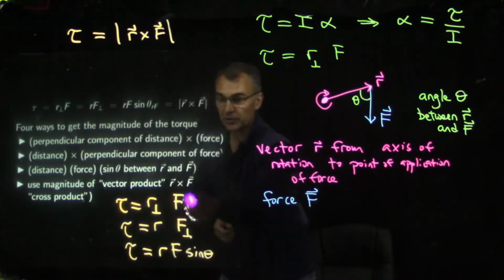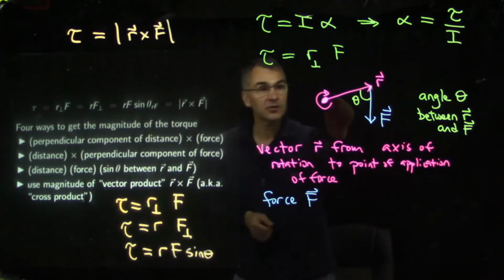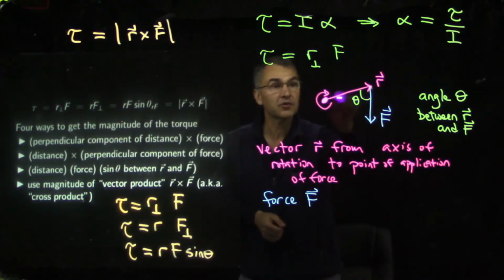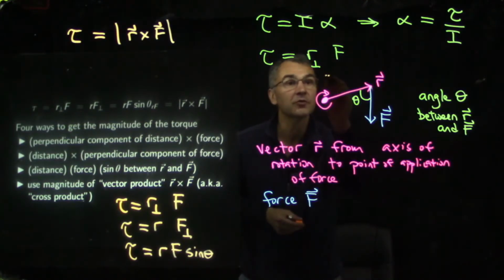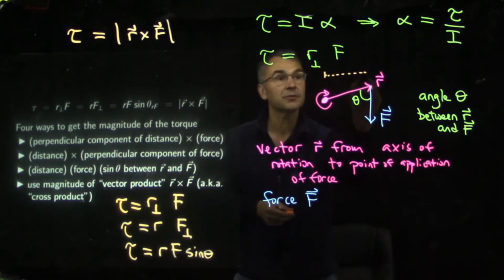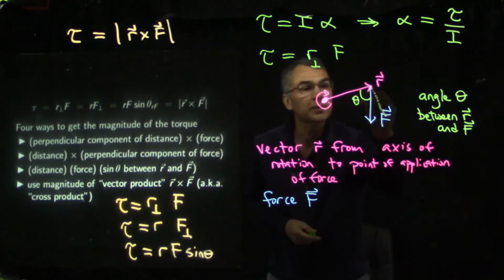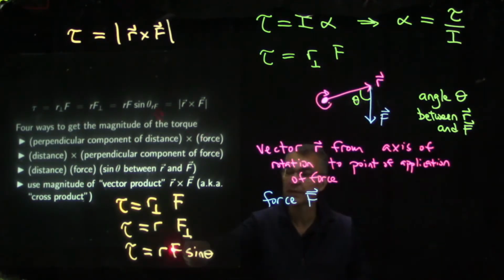So we can say the magnitude of the torque is the perpendicular part of the displacement times the force. In this case, the perpendicular part of the displacement would be picking out this component, or we could pick out the perpendicular part of the force, or we can take the entire displacement magnitude times the entire force magnitude times the sine of the angle between the displacement and the force.